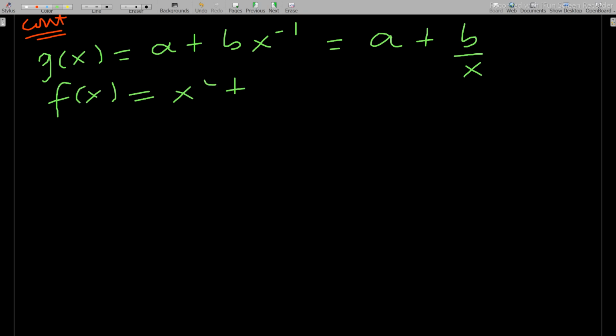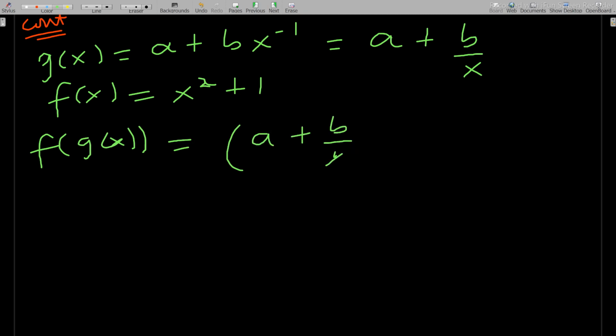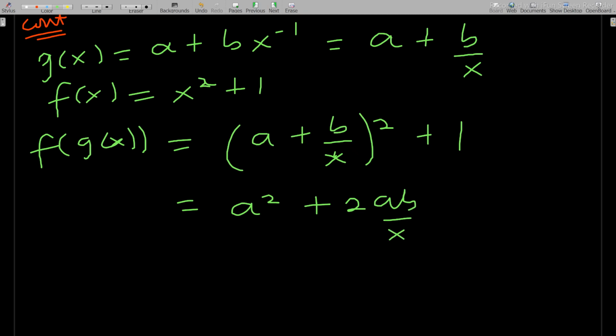Also, you know that f of x is x squared plus 1. Okay, so it means that f of g of x will now be equal to, wherever I see x, I put g of x there. That is a plus b over x, all squared, plus 1. And this should give me a squared plus 2ab over x plus b squared over x squared plus 1.